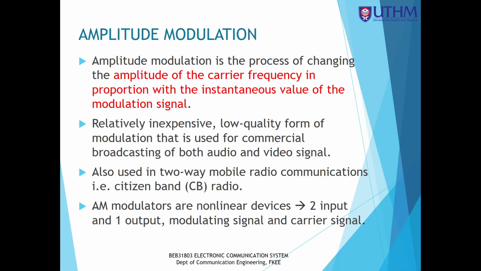So, kita akan lihat berkenaan dengan amplitude modulations. Ini dia punya definitions. AM banyak digunakan dalam two-way mobile radio communications, for example like CB radio. We have AM modulator are non-linear device because we have two input and one output, modulating signal and also the carrier signal.